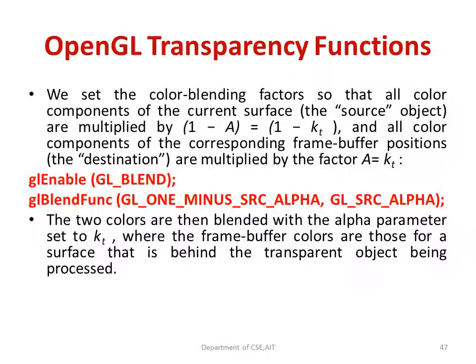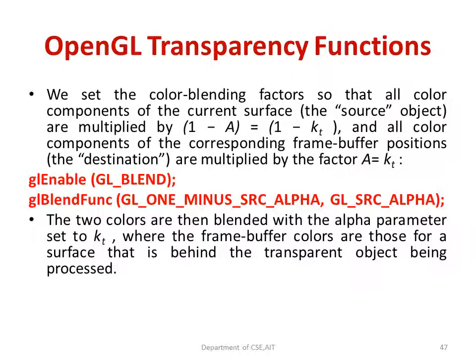How transparent it should be depends upon the value of KT, that is the transparency coefficient. That value is specified in your GL blend function, and when you multiply this, the effect will be seen in your scenario. This is how the alpha works.